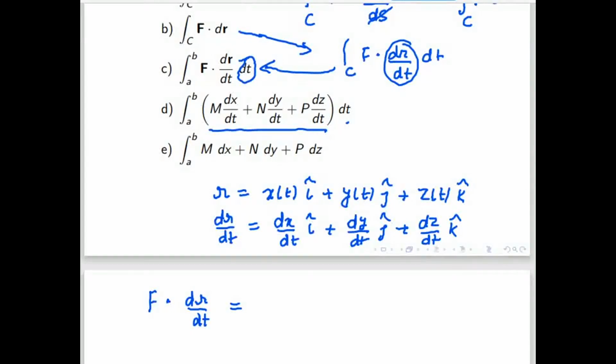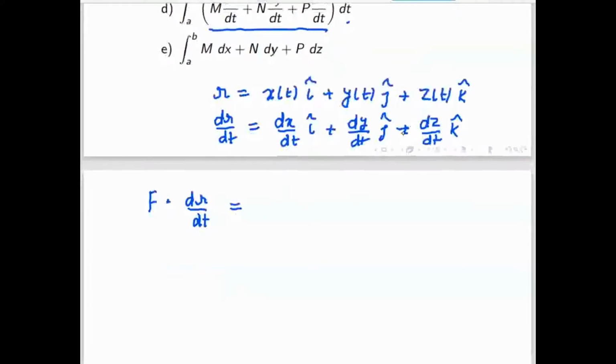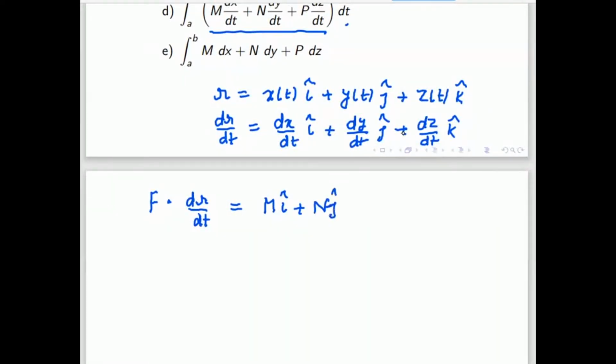So C is equal to D, because f dot dr is, f is this one, m i cap, n j cap, p k cap, this dot product with this one, dr by dt.